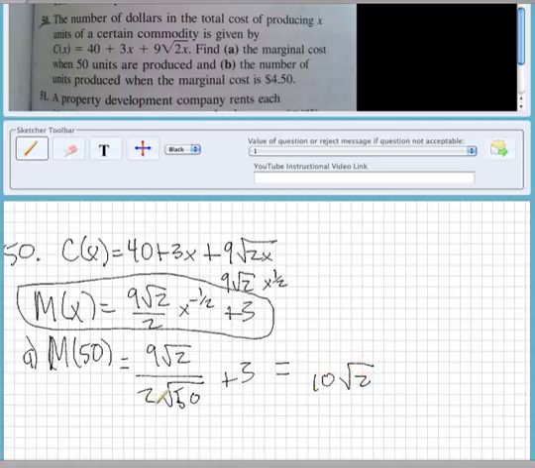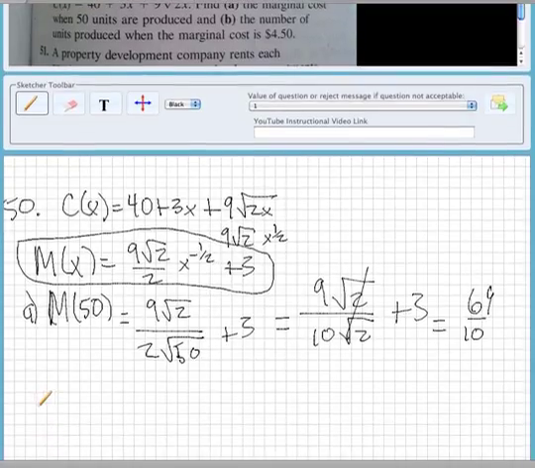So 5 times 2 is 10, and it's 2 underneath still, and then it's going to be 9 root 2. 2's cancel out, plus 3. And then finally we get the marginal cost is going to be 69 over 10.